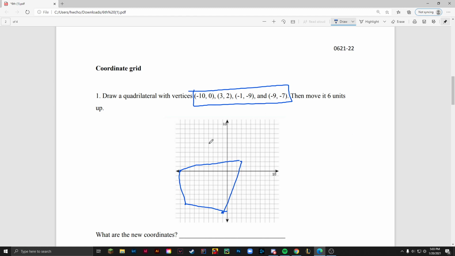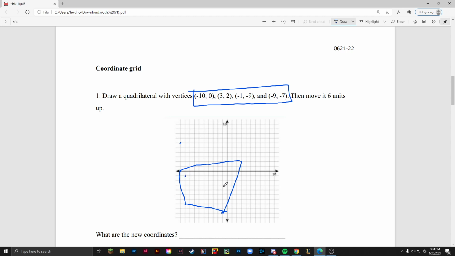If we had a straight edge, it would be much better, but there's no method of getting a straight edge in here. So all we have to do is just move 6 units up. That means move every point 6 units up. So 1, 2, 3, 4, 5, 6 right here. Move this 6 units up.